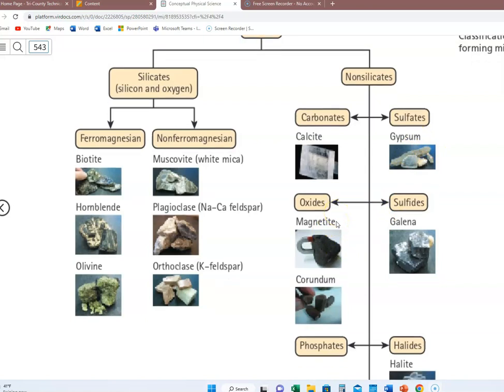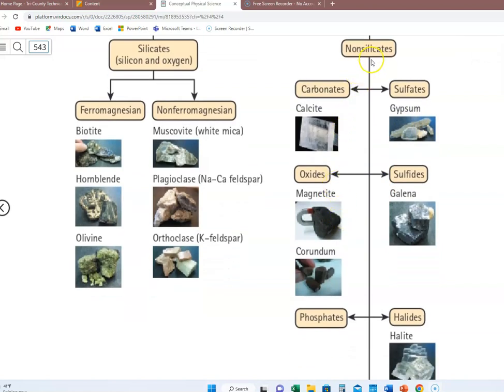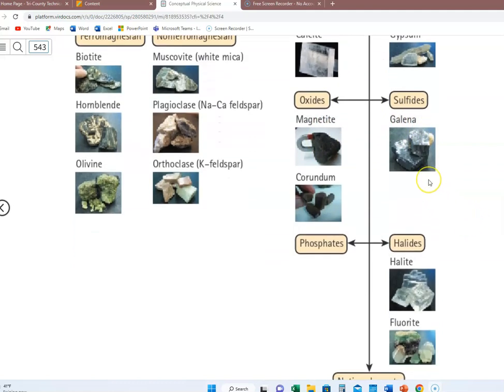All right, and then remember, these are all non-silicates. Oxides. So one is magnetite. Magnetite, of course, has a lot of iron in it, and therefore it's magnetic. One of the sulfides is galena. Looks like that. And then one of the halides is halite.